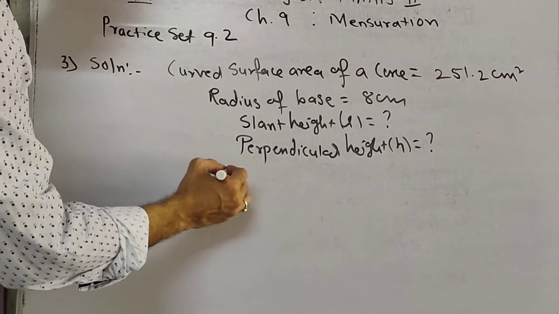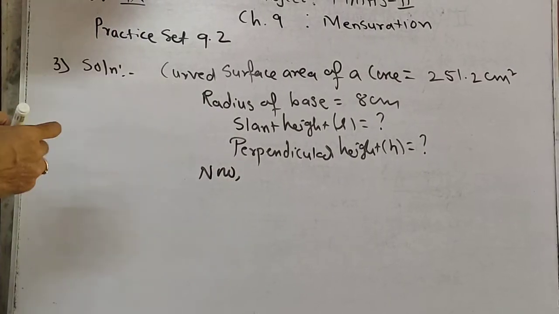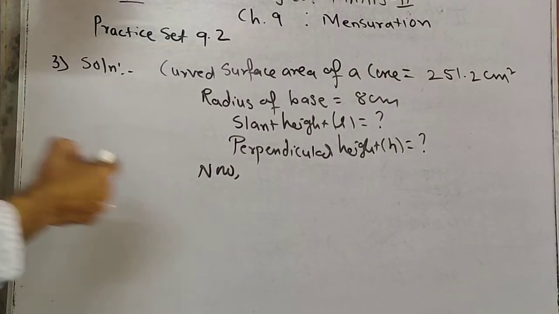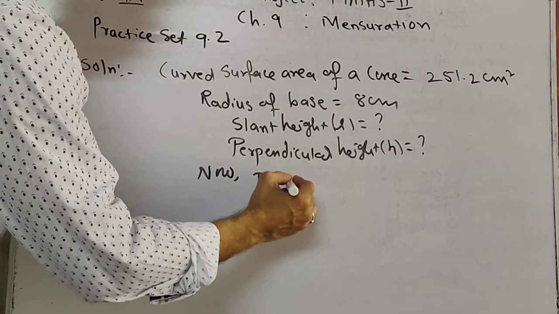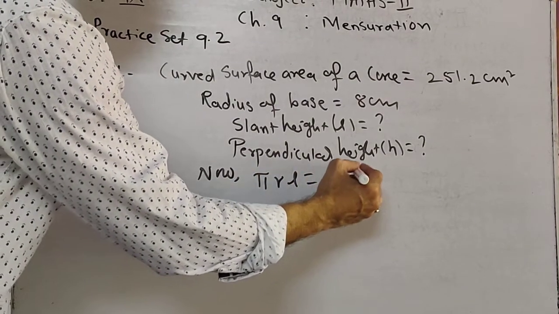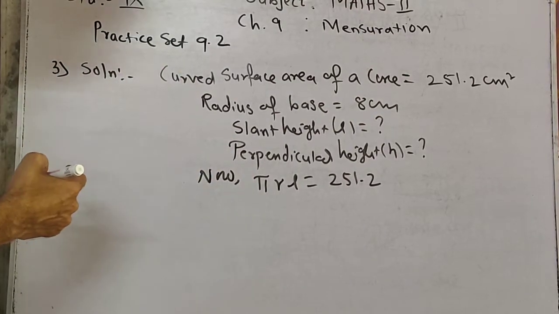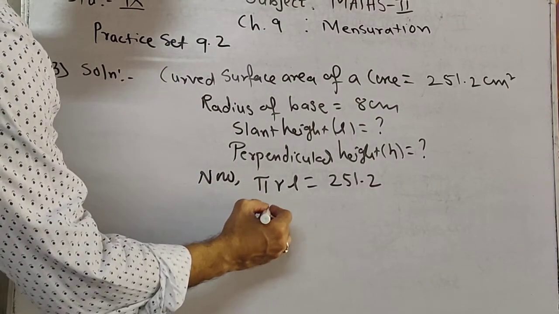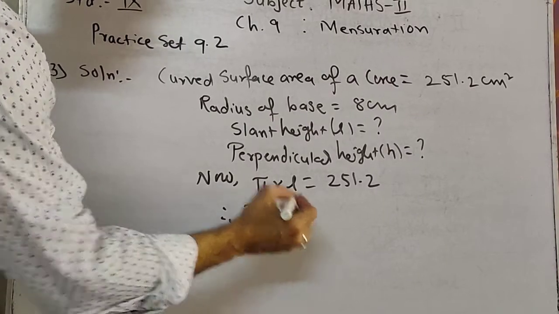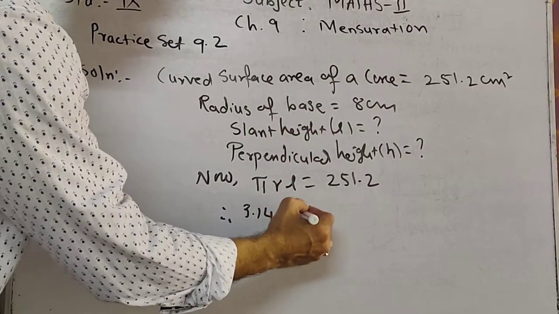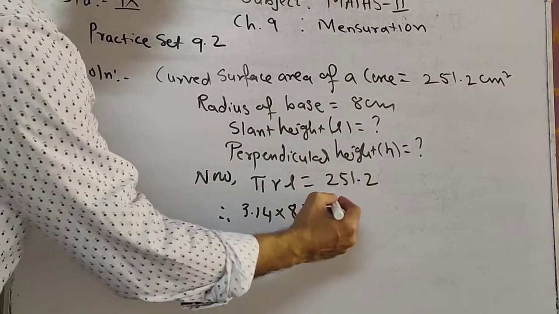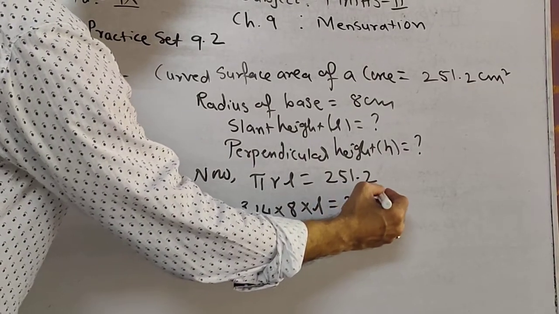So you will use the formula of curved surface area. Your curved surface area formula is pi RL is equal to 251.2. Curved surface area formula use karna hai. Okay, pi value is 3.14. Okay, R is 8. L you want to find out. Slant height you want to find out.